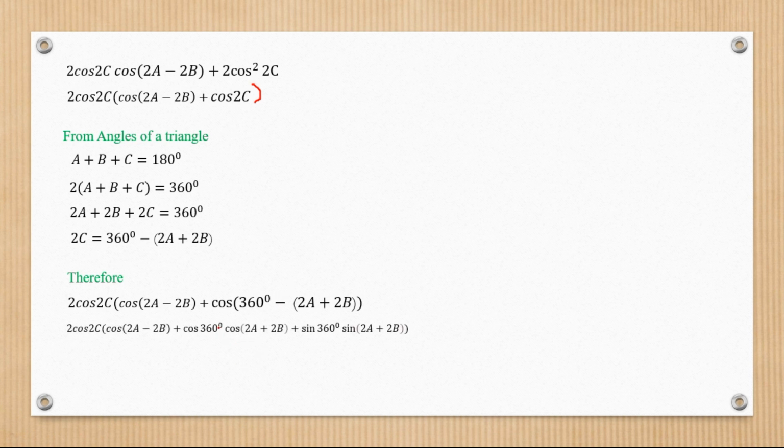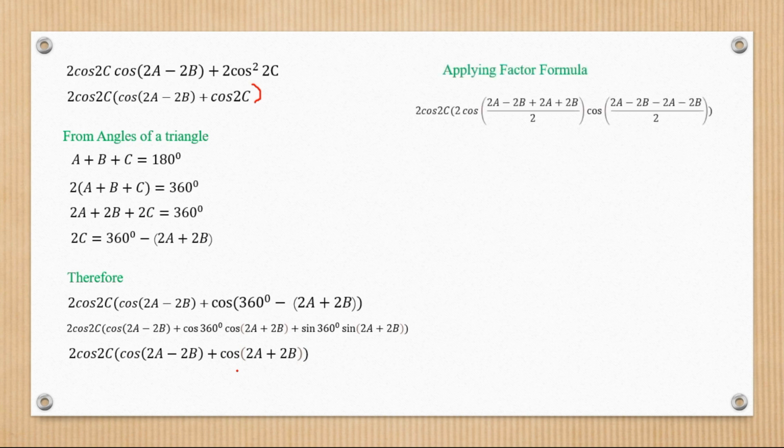And then cos of 360 is positive 1, but sine of 360 is 0. So this part cancels, disappears. Now we end up remaining with cos of 2a plus 2b. So this becomes that. Now we're going to apply the factor formula to this side, and when you apply it we end up with that.